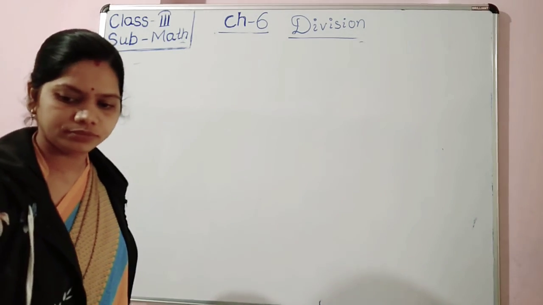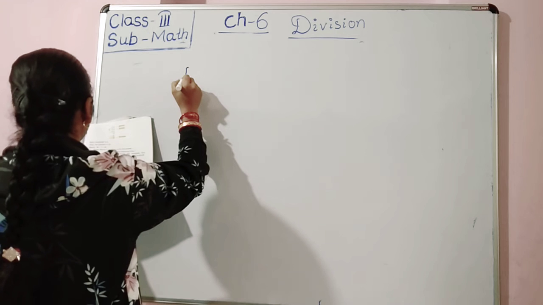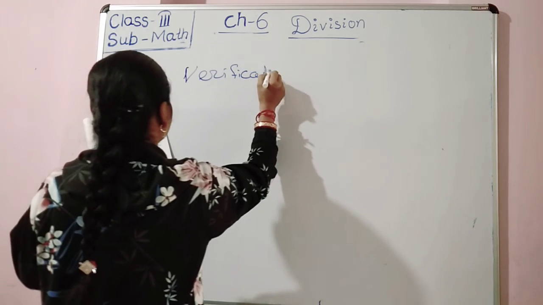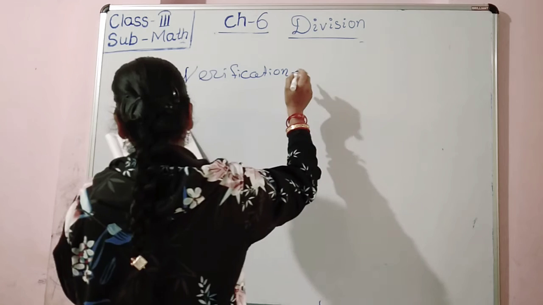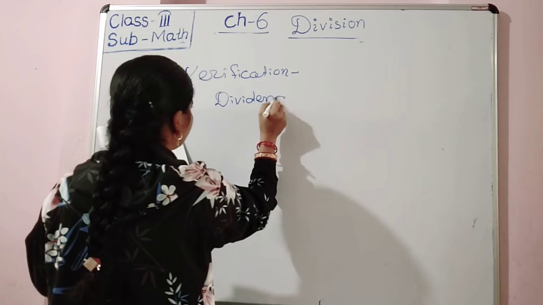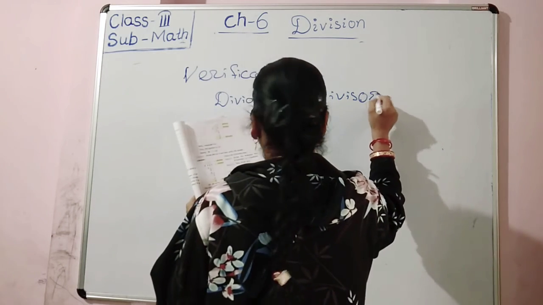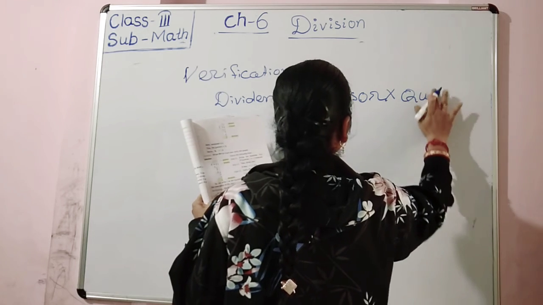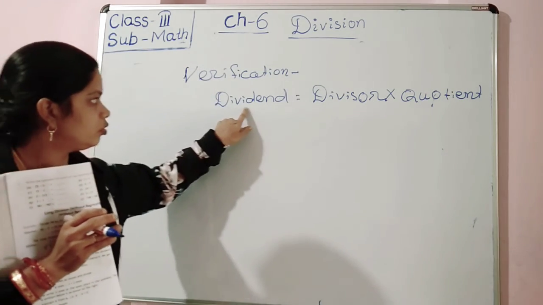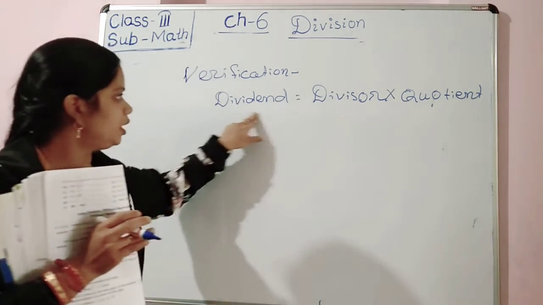Okay, what is the verification? Look, dividend is equal to divisor into quotient. How do we know that the result of our division is right or wrong? Dividend, this is the rule.